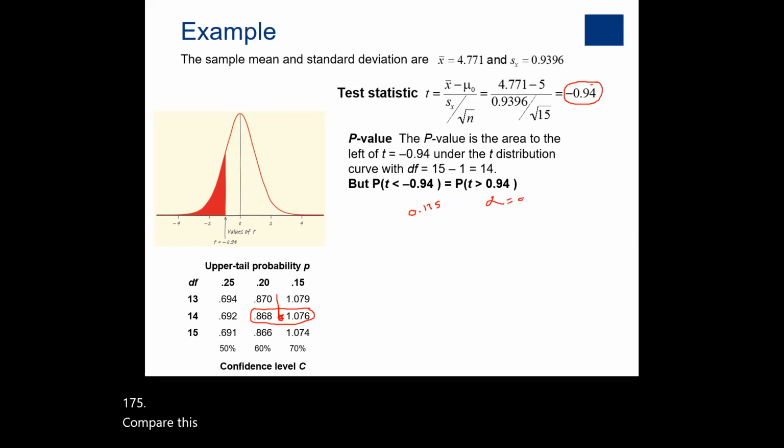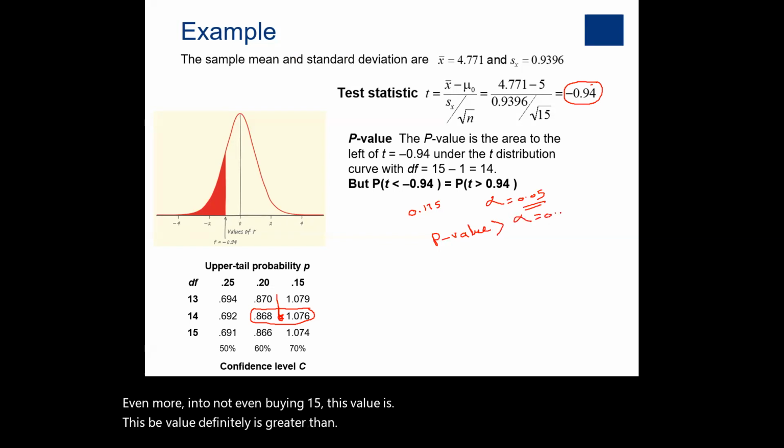Alpha is given as 0.05. Even 0.2, or even 0.15, this p value is definitely greater than alpha equal 0.05.